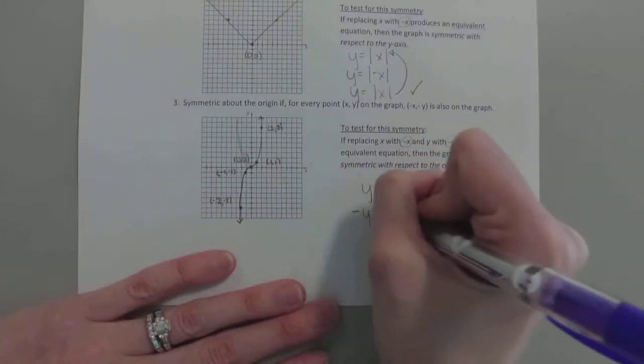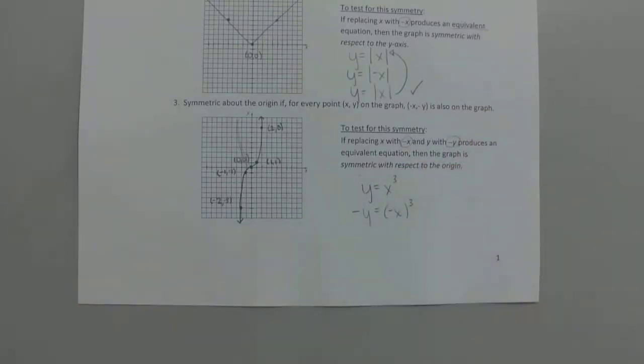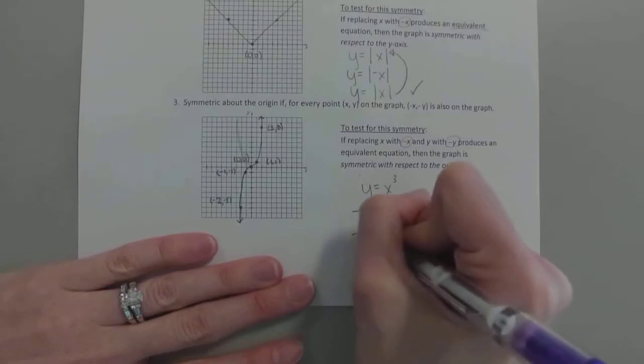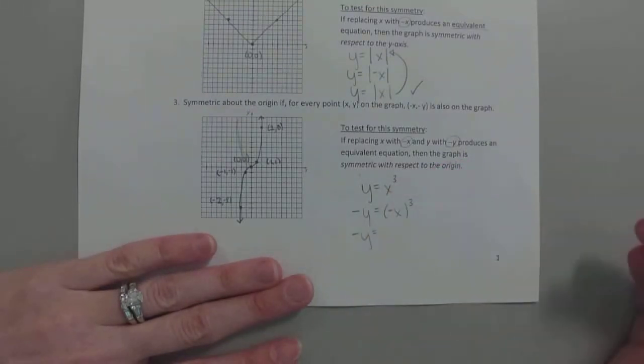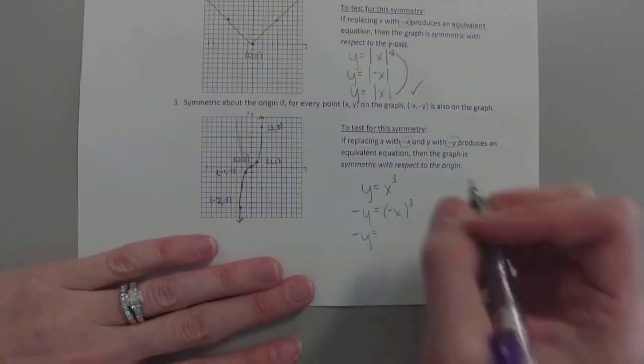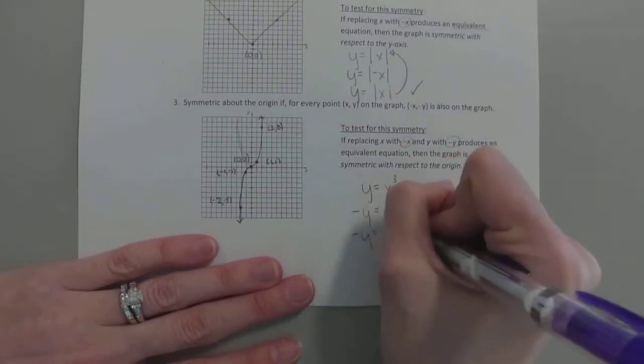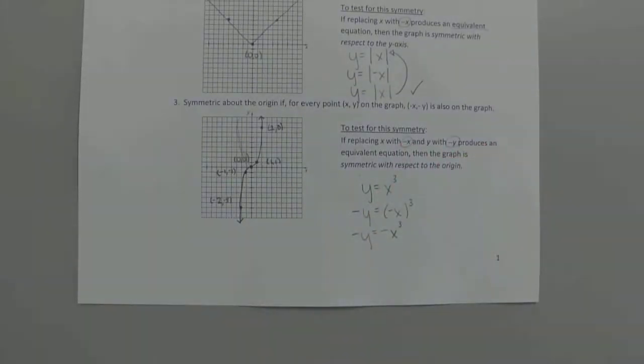So we're going to replace both y and x with their negative equivalents. So this is going to be -y equals -x to the third. But what happens when you cube a negative? Does it stay negative or does it go to a positive? Stays negative, okay? So this is the same thing as negative x cubed.